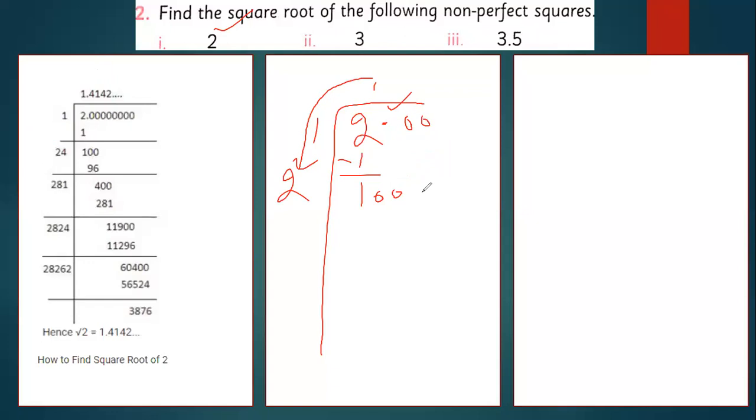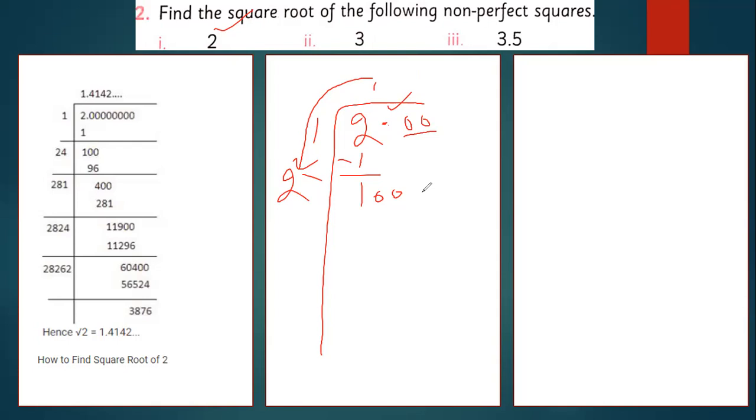So when 1 ones are 1, you subtract 1 from 2 and you get 1. This 1 is not divisible by 2. So for that, just put the decimal point there, and after the point, put 2 zeros and bring these zeros down. Now we have to put a number here, so that it gives 100 or less than 100. 4.